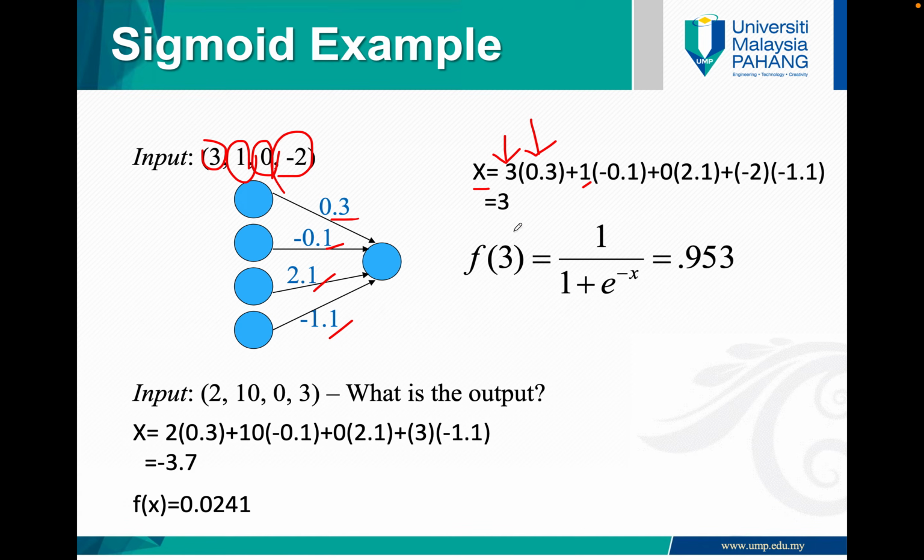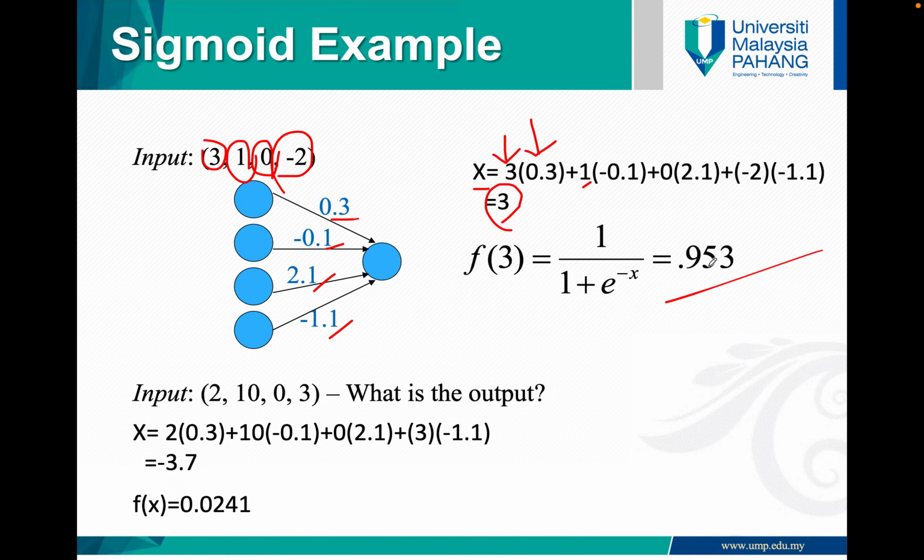So you get the value of x is 3. Then you put it in the sigmoid function. f(3) equals 1 over 1 plus the exponent of negative 3. So you will get the answer for the sigmoid function: 0.953.